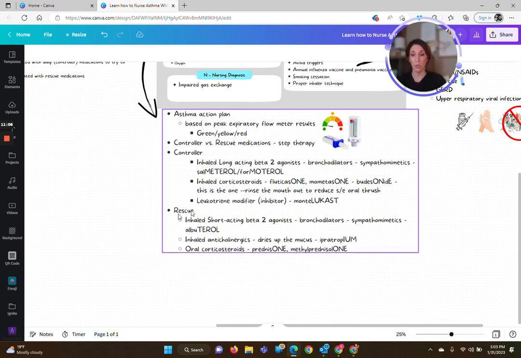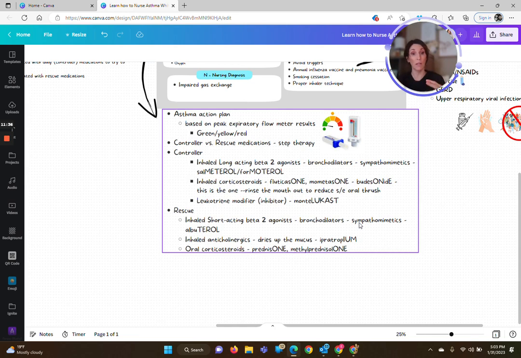And then we have rescue medications such as the inhaled short-acting beta-2 agonist, a bronchodilator. It's a sympathomimetic, and what that means is it stimulates the sympathetic nervous system. That's what goes off in my body when I see a bear: my heart rate goes up, my lungs open up, I'm ready to go, I get a little shaky and a little anxious.